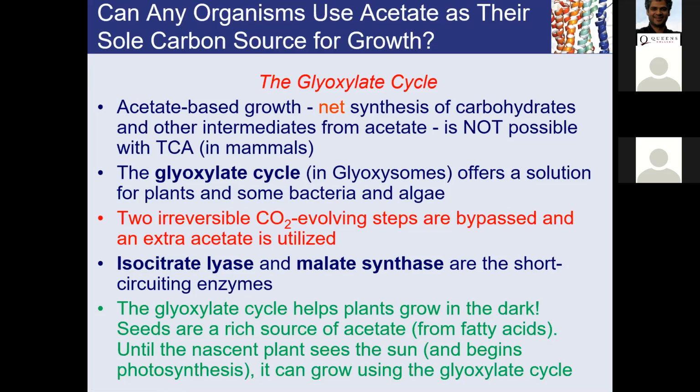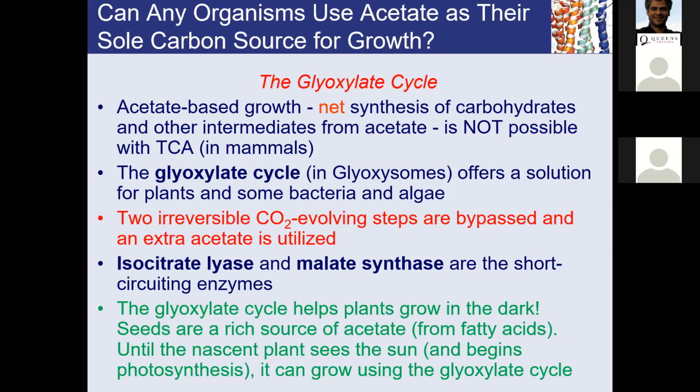So the glyoxylate cycle is the cycle that allows these plants to grow in the dark. That's pretty cool. This is really exciting. As I said, we don't want to talk about plant biology or biochemistry too much, but in the context of the citric acid cycle, it's worth looking at.